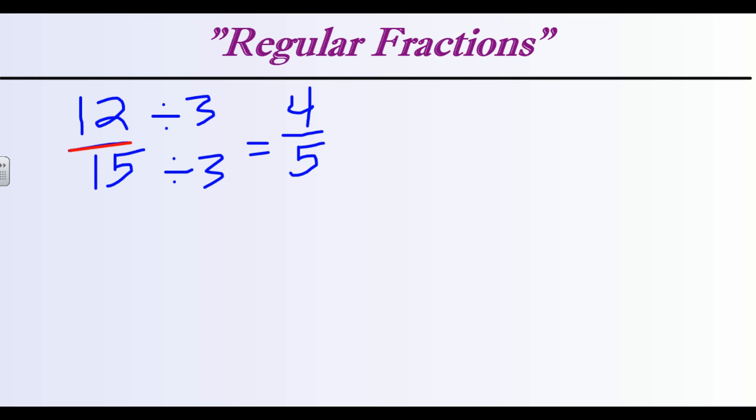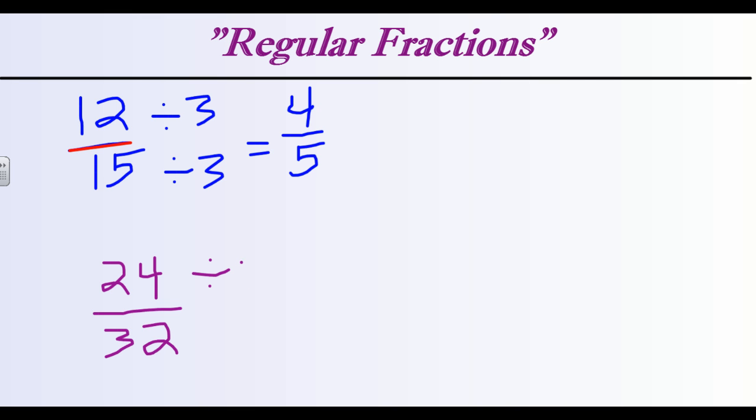If we have a fraction that has bigger numbers, maybe we have 24/32. Then we have one of two ways that we can go through this. We can either divide out primes one by one.